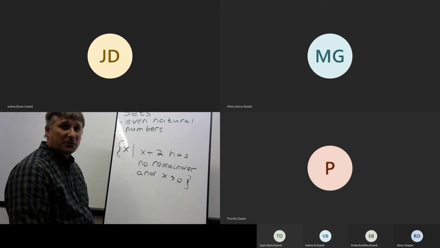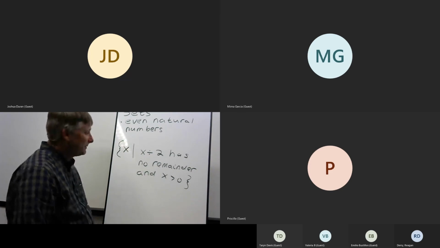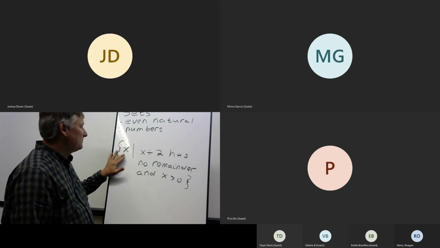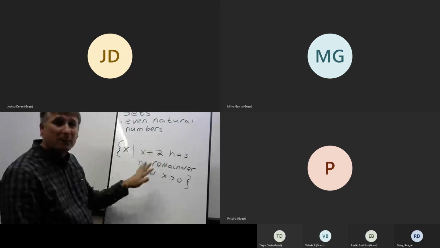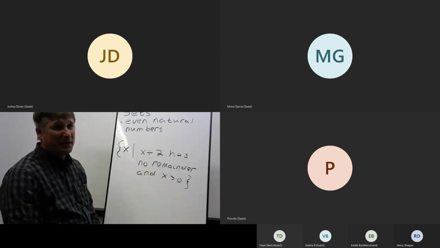And x has to be greater than 0. So we could do something like that. But what it is, we have some number x, and then we have a description of what an even number is. So any questions about that?